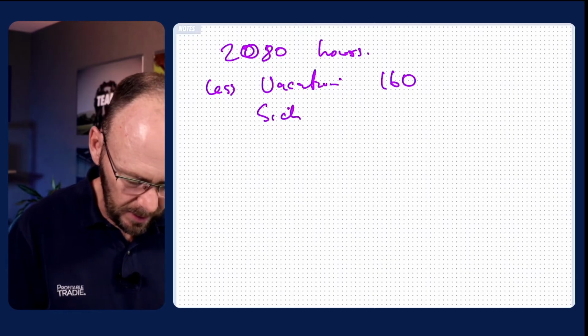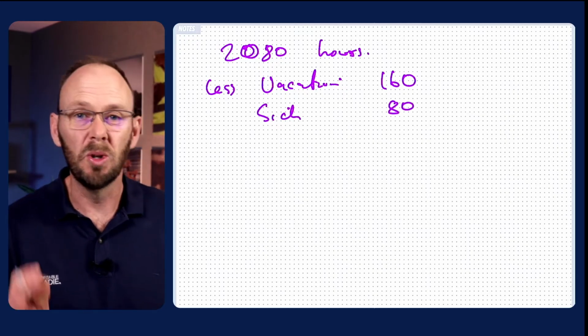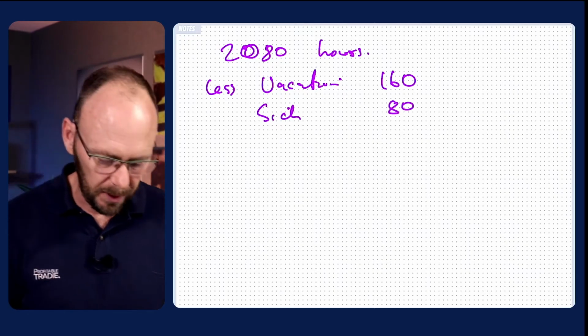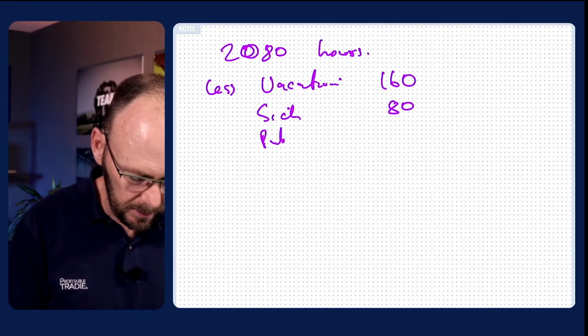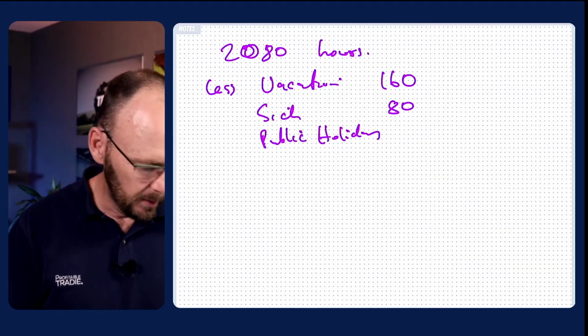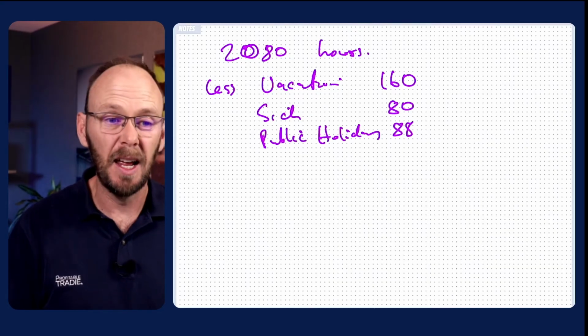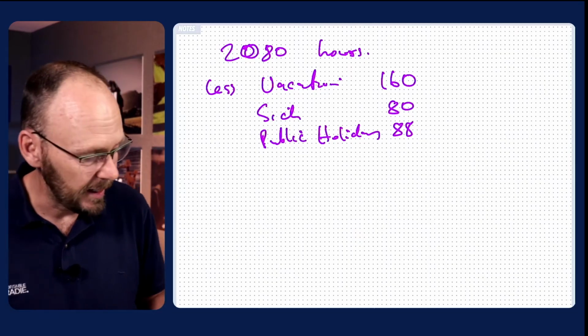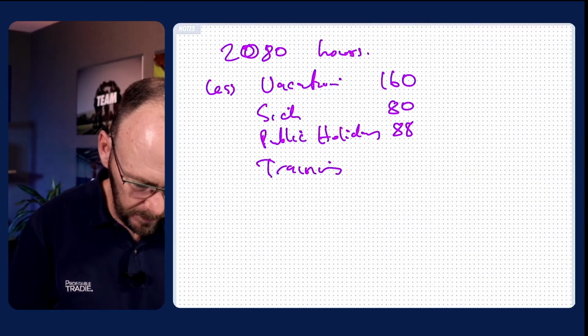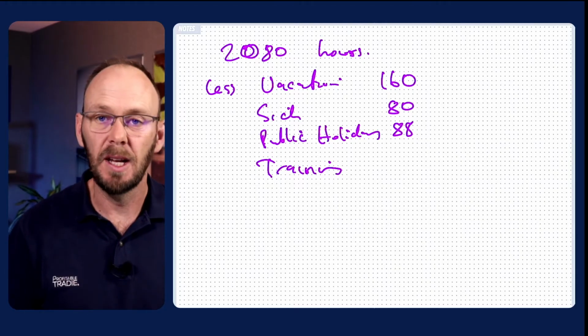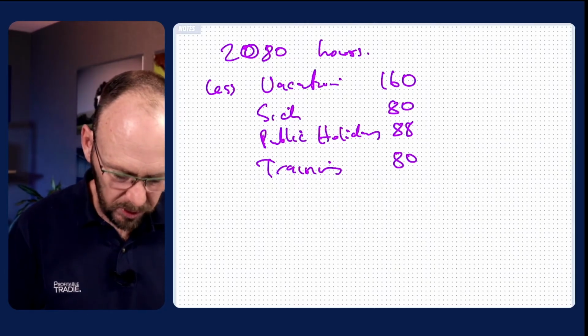Sick leave is 80, where you're based it may be none at all or just a little bit. There are some public holidays, which as an employer you get the benefit of paying for. So where I'm based, it's actually 88 hours a year. It's 11 days. Let's assume some training time, maybe 10 days a year. It might be a bit less or a bit more.